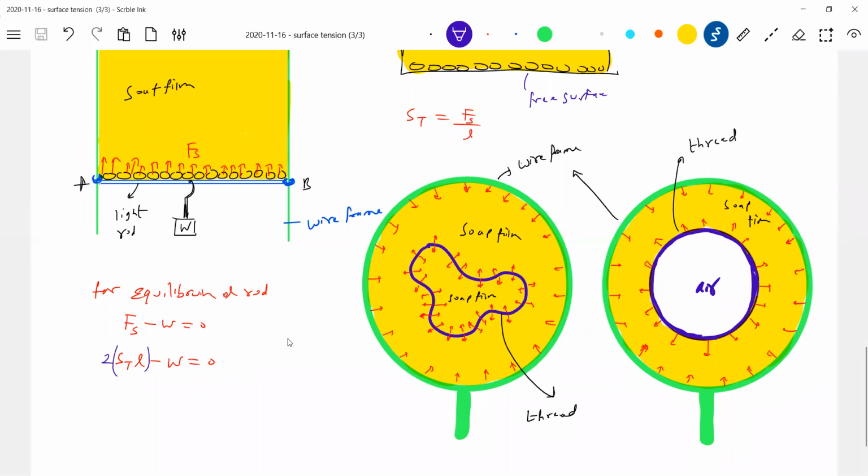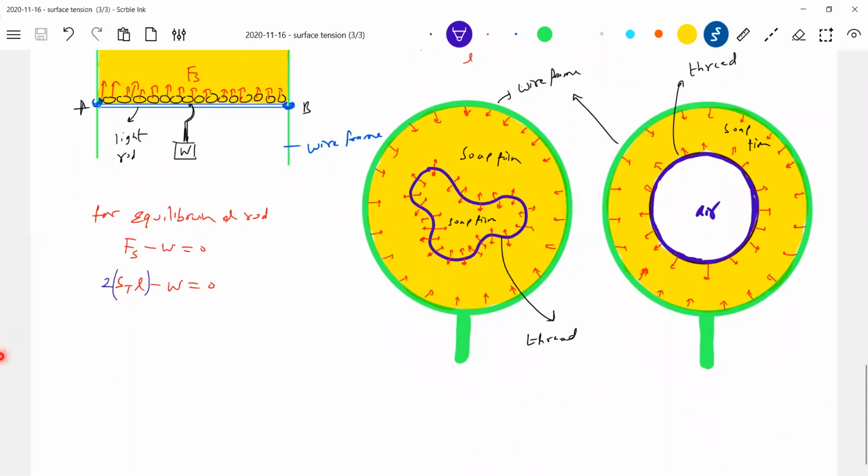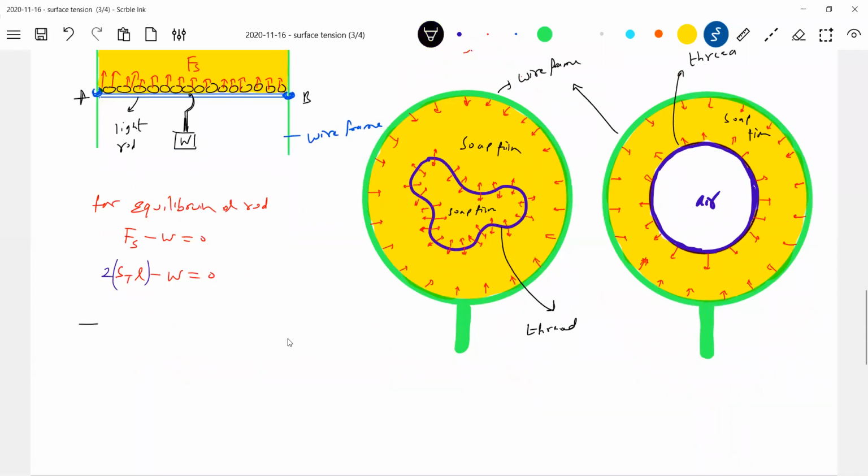Getting the idea now? So this is the basic thing. Now, shall we put one more statement? The effect of surface tension: due to surface tension, the liquid will try to possess minimum surface area.